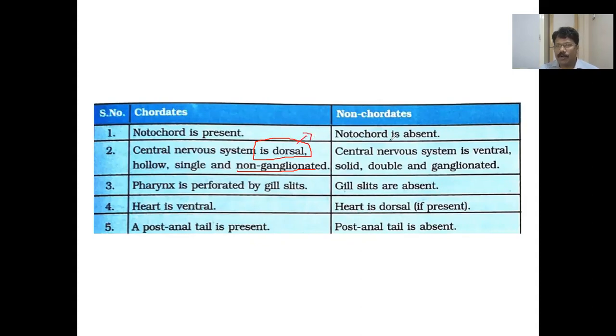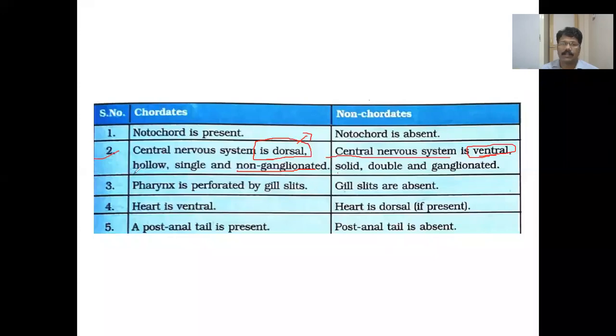But in case of non-chordates, remember the nervous system of the earthworm. We see the double ventral nerve cord is on the ventral side of the body. So this is the fundamental difference between the chordates and the non-chordates with respect to the central nervous system. Central nervous system is ventral and it is solid.